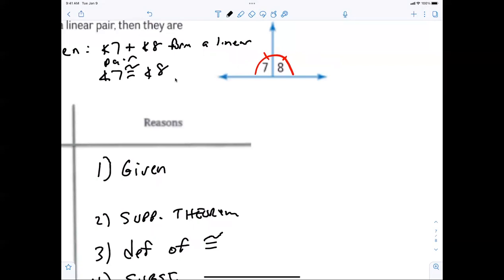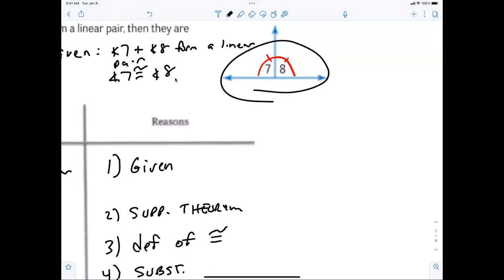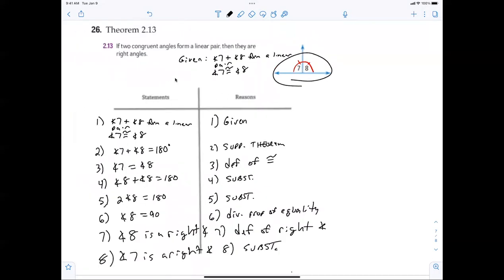Because they're supplementary doesn't necessarily make them a linear pair, correct? So by definition, because this is a linear pair, they automatically add up to 180. You with me on that? You can be supplementary angles and not be a linear pair. Do you agree with that?